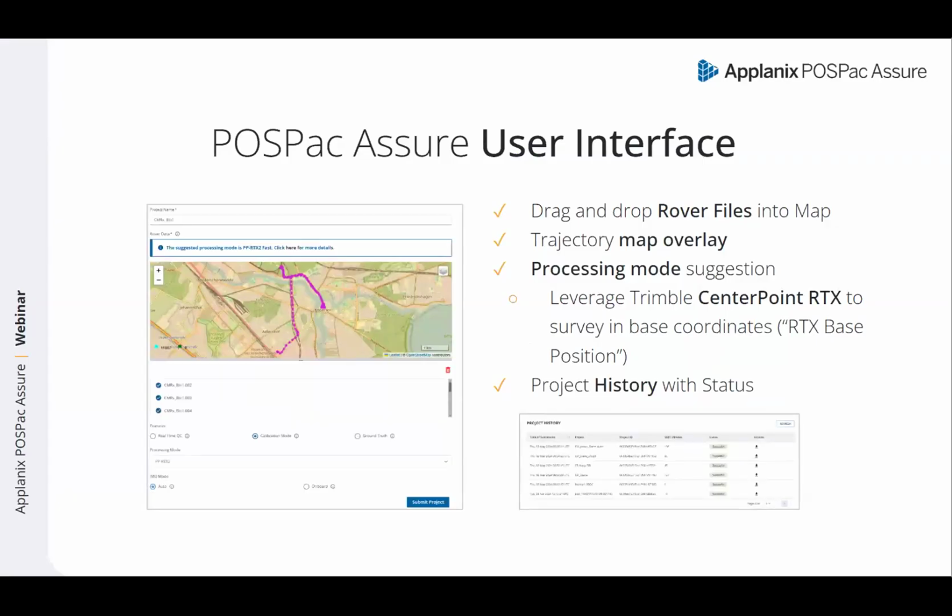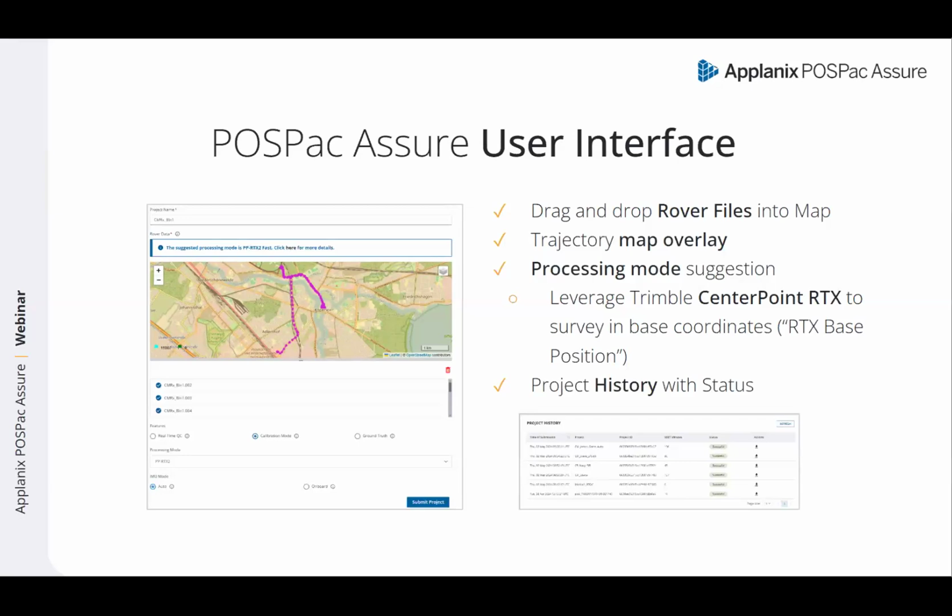Now here you can see the user interface. As I said before, you simply drag and drop the rover files into the map. It automatically creates a project name from the file name of your rover files, or if you want, you can obviously overwrite the project name. And the trajectory is then overlaid over the map so you can see the trajectory.